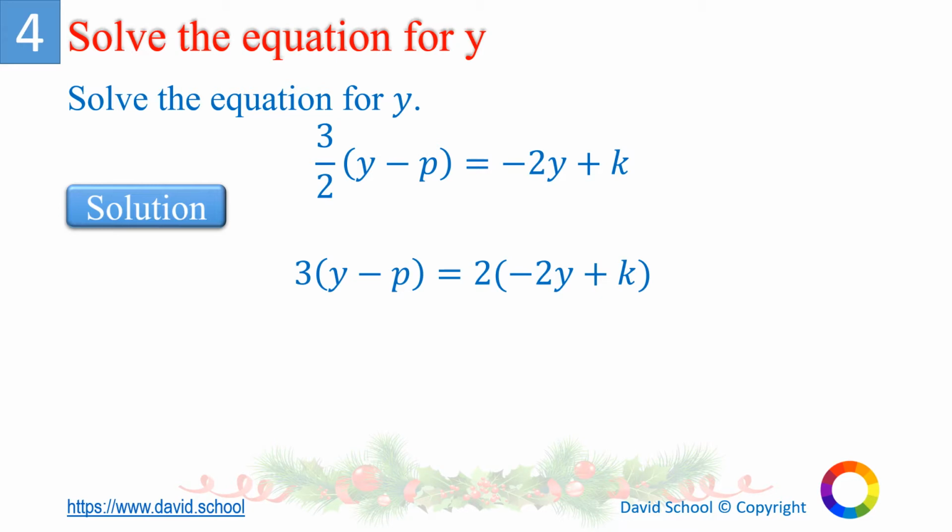Therefore we have 3 times y minus p equals 2 times negative 2y plus k. Now on both sides of the equality sign, we use distributive property and simplify. 3y minus 3p equals 2 times negative 2y is negative 4y plus 2k.